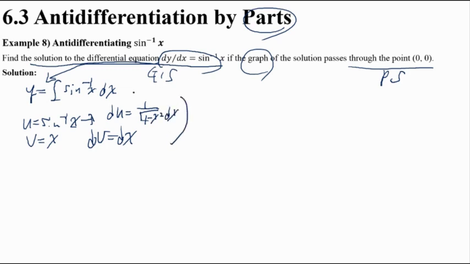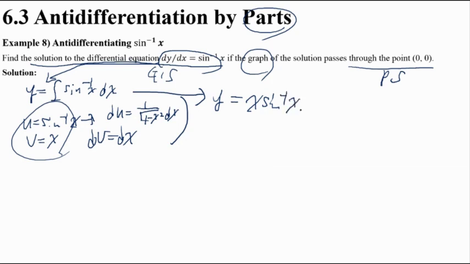Okay, so how can we do that? uv, which is x inverse sine x, subtract the integral of x over square root of 1 minus x squared dx. Okay, method of parts, right, this way.